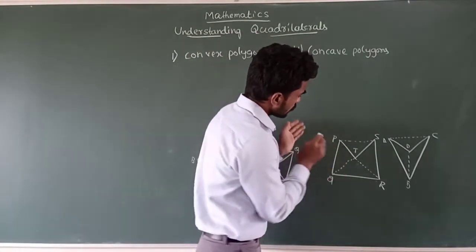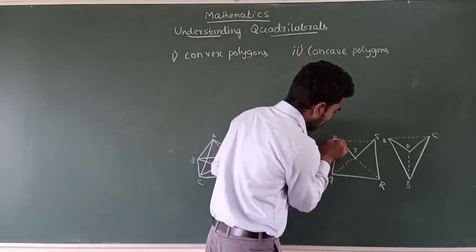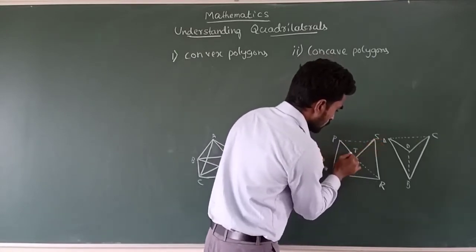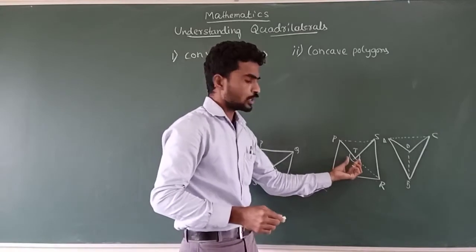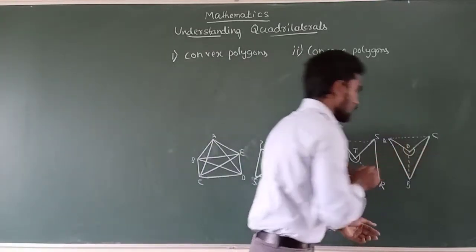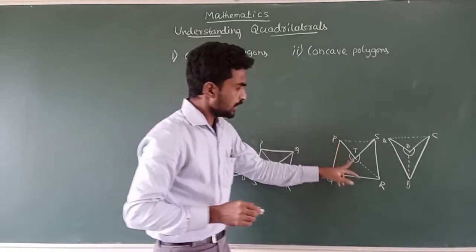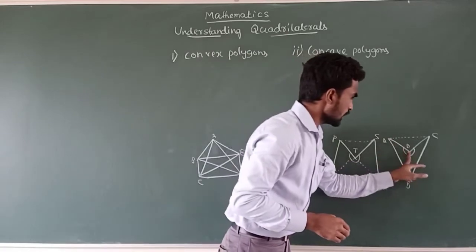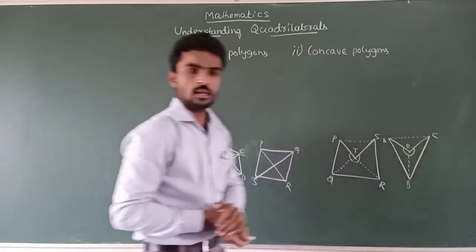And also, just observe this angle, P, T, yes, this angle. This is more than 180. Here also this angle is more than 180. The PTS interior angle is more than 180 degrees. Here the ADC interior angle is more than 180 degrees.